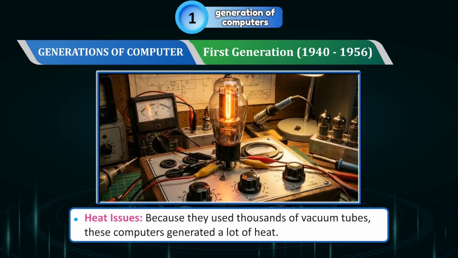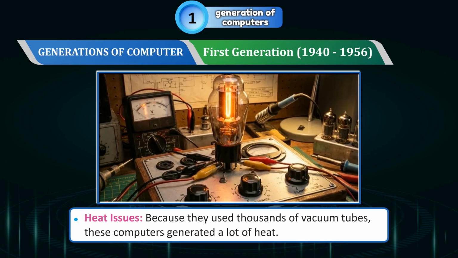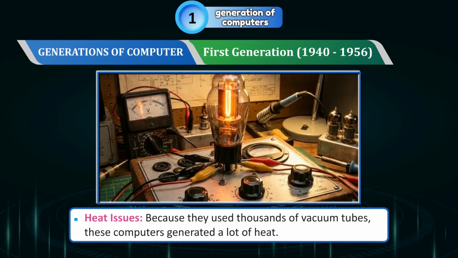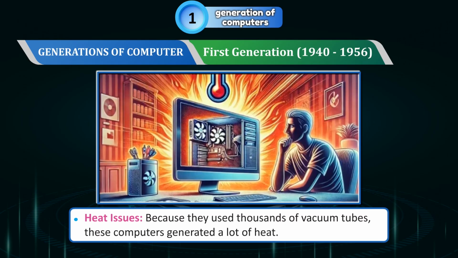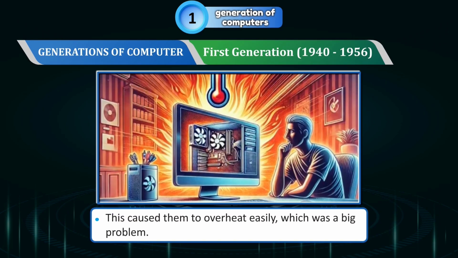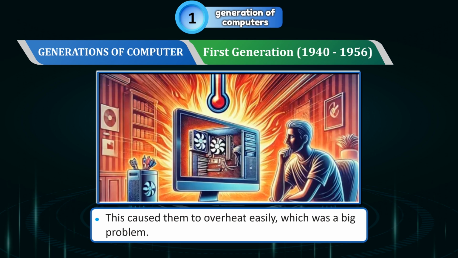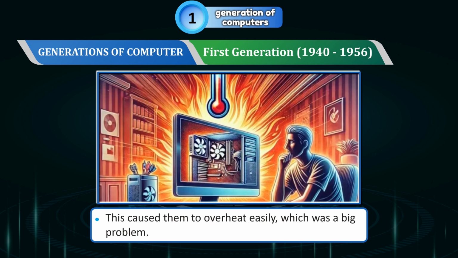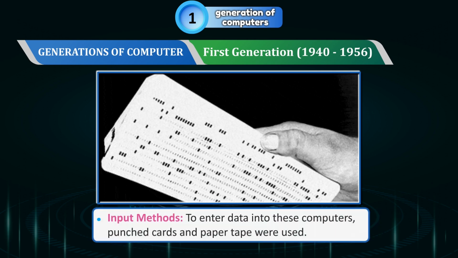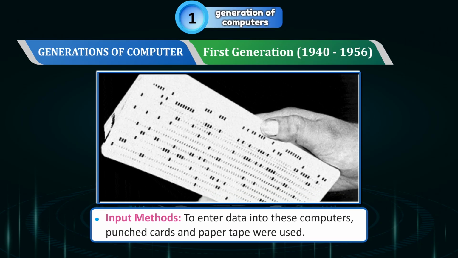Heat issues. Because they used thousands of vacuum tubes, these computers generated a lot of heat. This caused them to overheat easily, which was a big problem. Input methods.